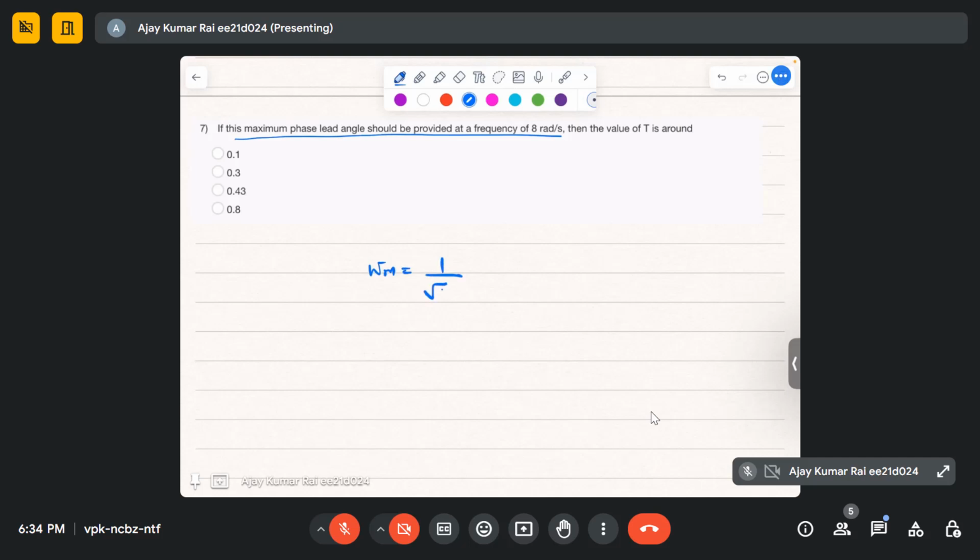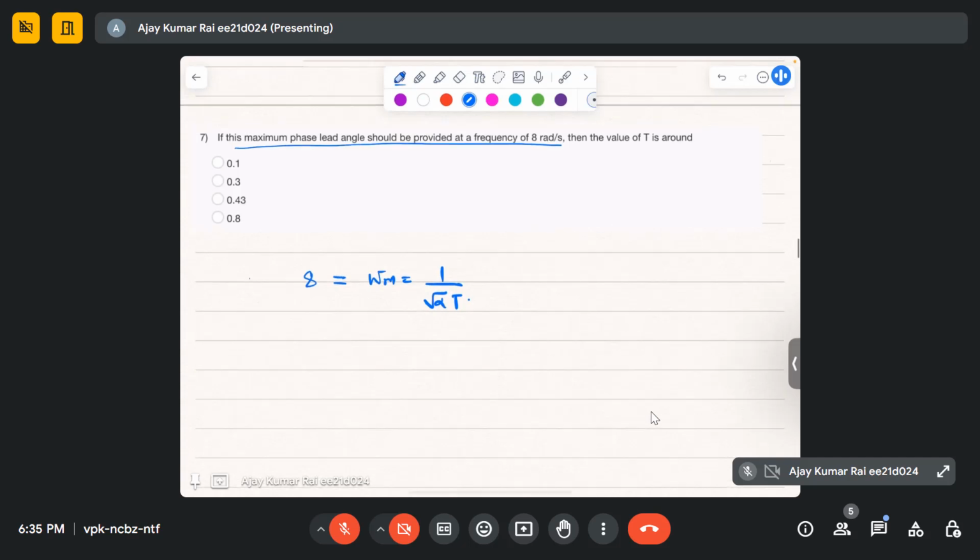Omega m is 1 by root of alpha T. The maximum phase lead should be provided at a frequency of 8 radian per second. Then they're asking us to find out the value of T because we have already found out the value of alpha.